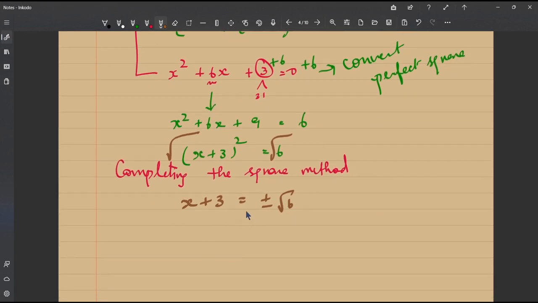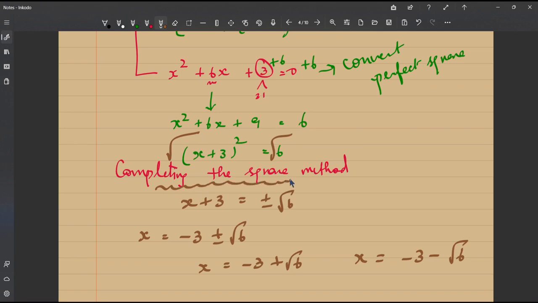of this equation, at the point where the graph meets the x-axis, is x equals minus 3 plus or minus root 6, which is x equals minus 3 plus root 6, and the second root is x equals minus 3 minus root 6. So see, just by using completing the square, we have found the roots of the equation.